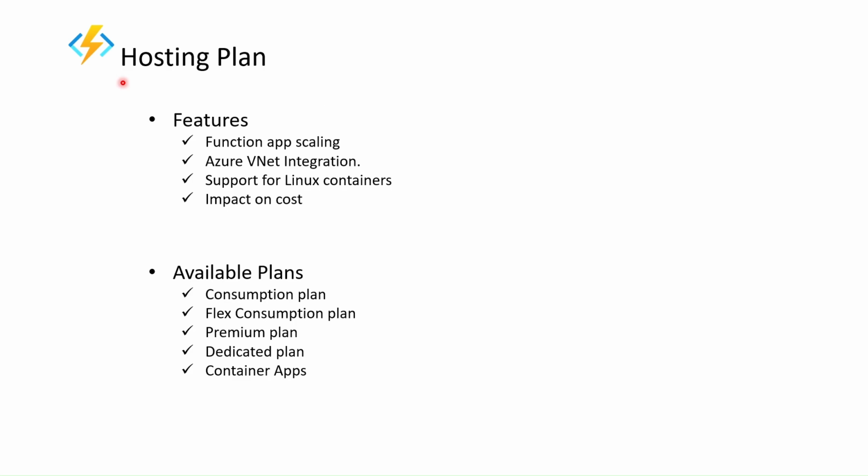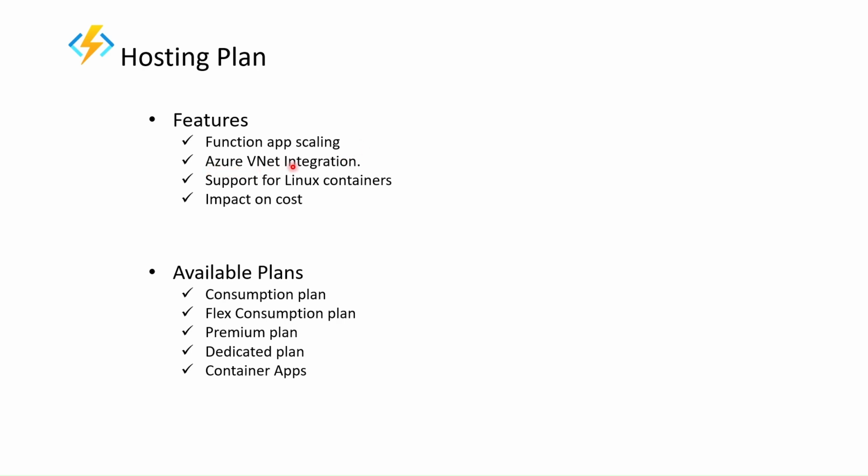One of the most important aspects to be considered when implementing a function app is the hosting plan, because the features and benefits differ based on the hosting plan. Below are some of the features of the hosting plan. Function app scaling means the function app will scale automatically based on the load.